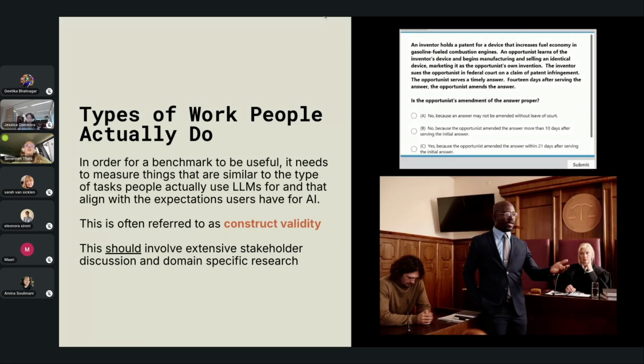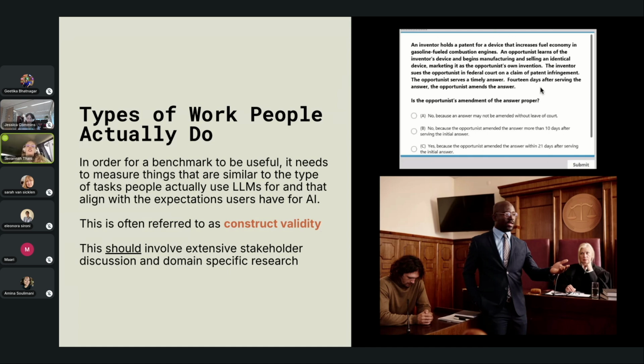To give a concrete example of this, a really popular benchmarking approach for understanding how good LLMs are, well, what people claim, at medicine or law or things like that, is just to give standardized tests to an LLM.